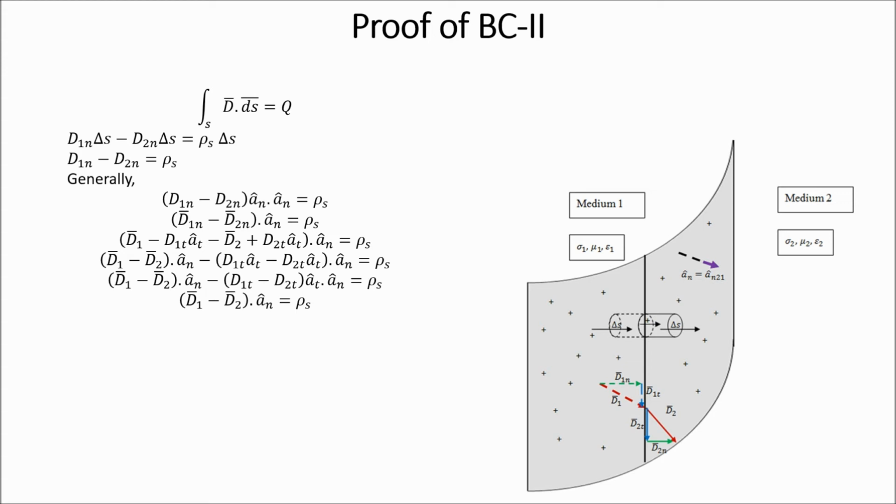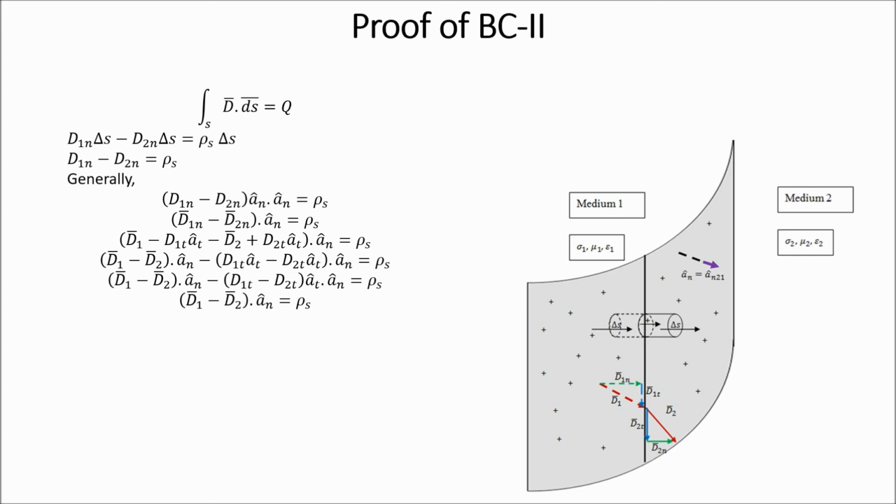Now if I apply electric flux, we need to have a closed path. So I am choosing the electric flux that is entering the cylinder. You see the arrow showing the electric flux entering from medium 1 and the electric flux leaving from the top side of the cylinder. This electric flux could also produce some charges, or we might have some charges on the surface.